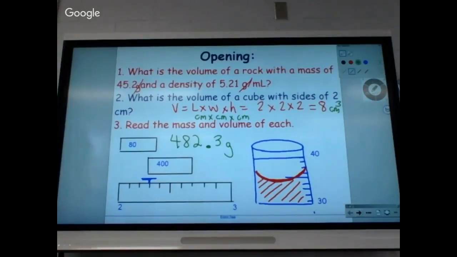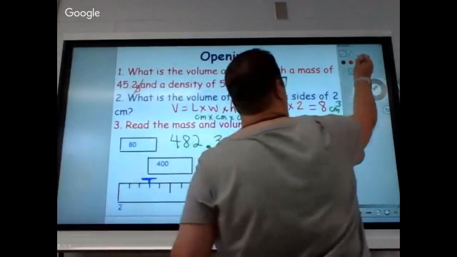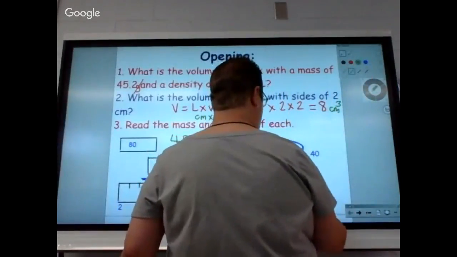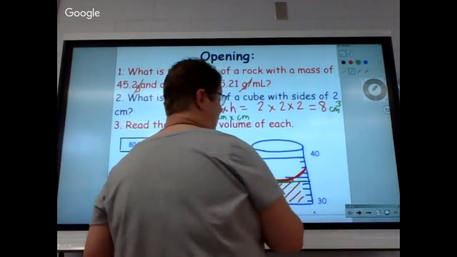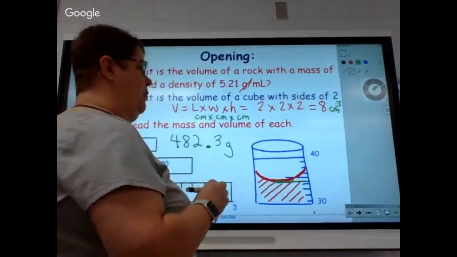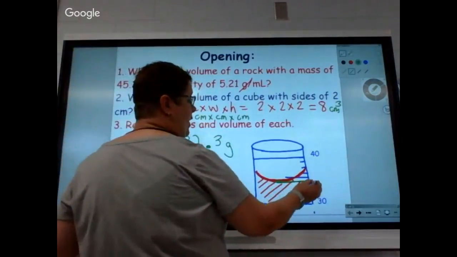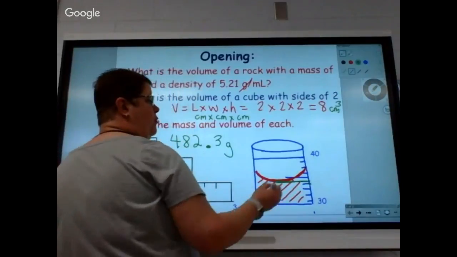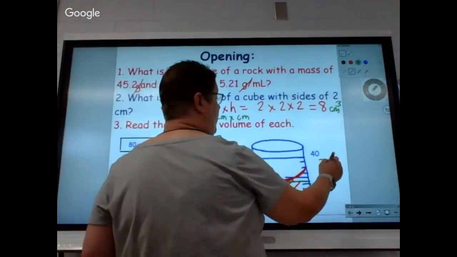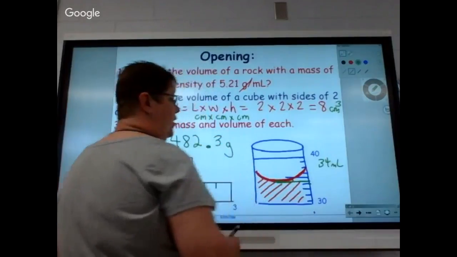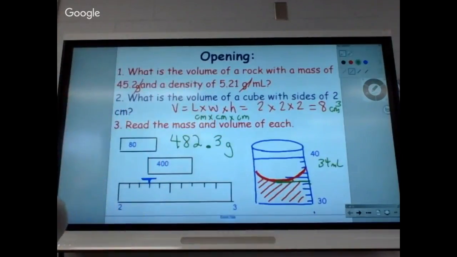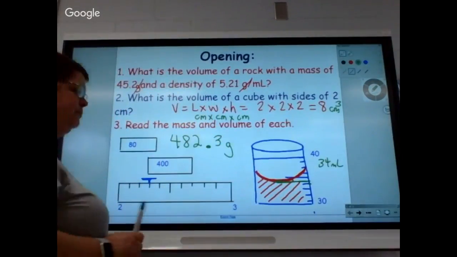Every time you read the water today, you need to make sure you read the bottom. You're reading the bottom of that line. Now, I did a better job with making sure it wound up right here on the line yesterday. So those of you who got it right wrote 34 milliliters, which is fine.